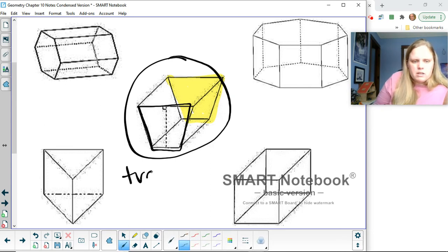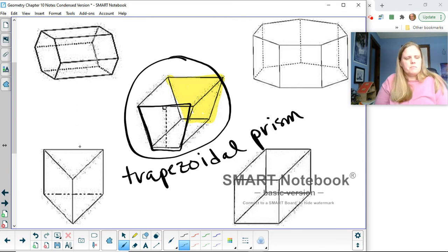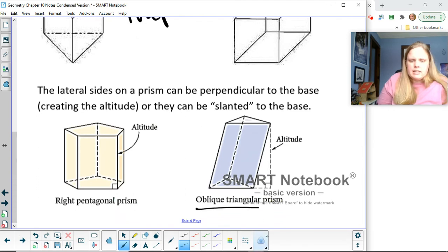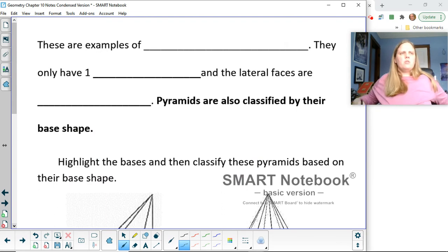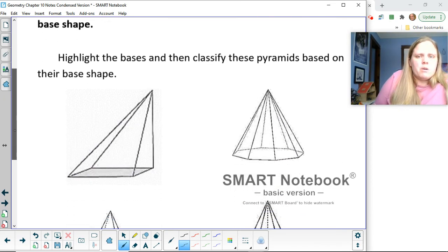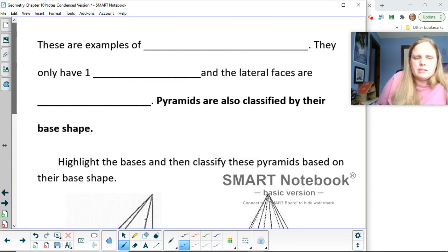So this would be a trapezoidal prism. And again, if it's slanted, it's called oblique. Kind of like your obliques on the sides of your ab muscles, which help you slant, I guess.